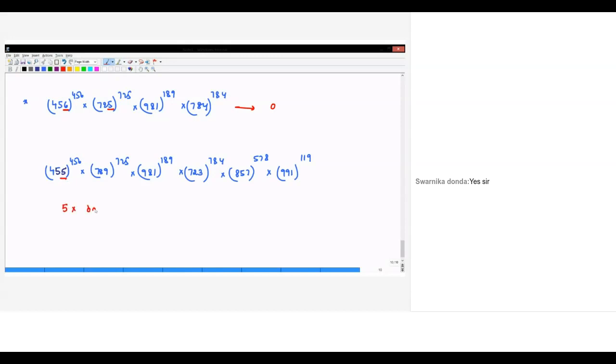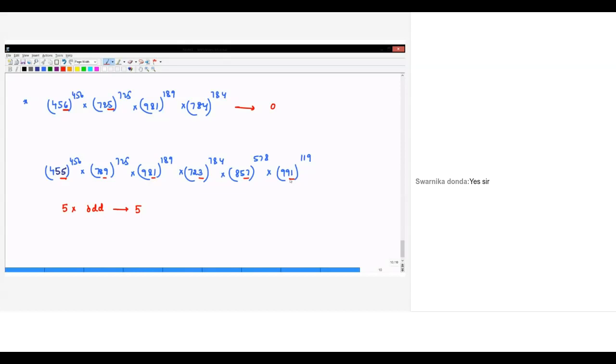All others are odd only. Therefore, it ends with 5. We don't look at the power, we only look at the base. Odd number, odd number, odd number, odd number, odd number. Therefore, without any doubt, you can say simply it ends with 5.